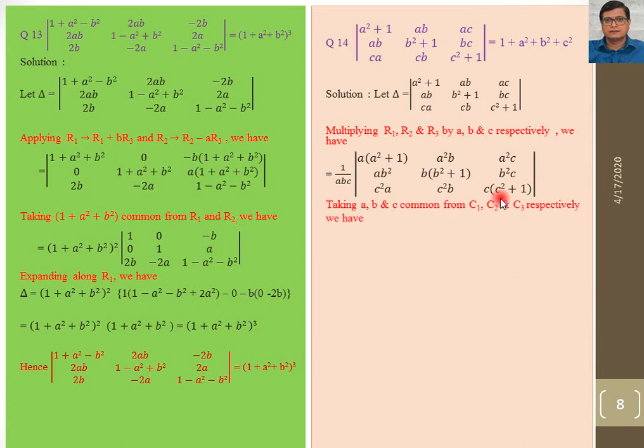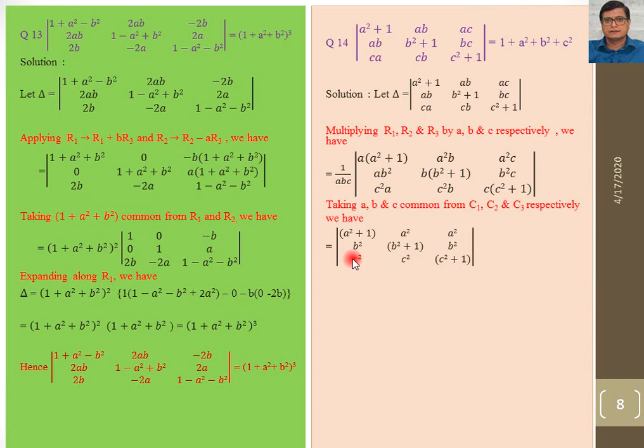So then we have, taking this value common, this value will be cancelled out after taking abc common from C1, C2, C3. Now you can see after using these two operations, the elements of C1 are 1 + a², b², c², similarly the elements of C2 and C3.